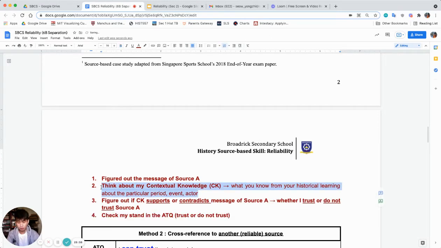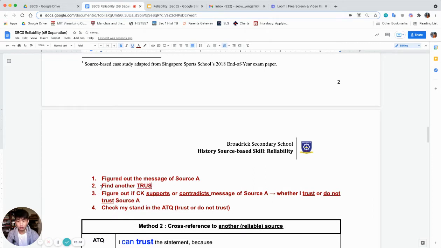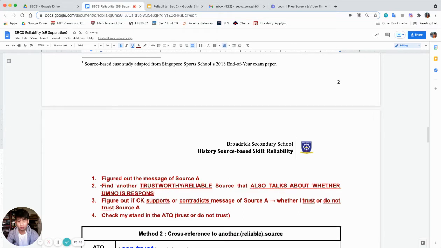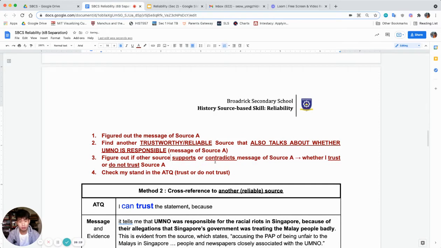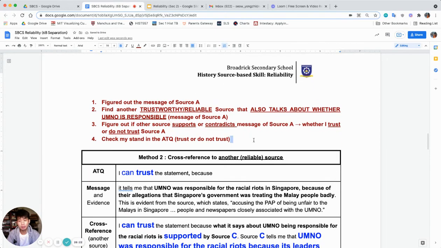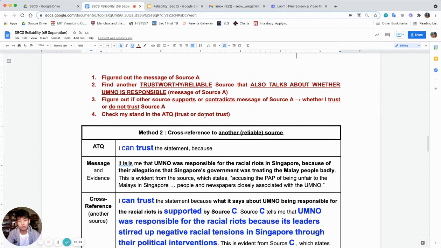This time we went to find another trustworthy, reliable source that also talks about whether UMNO is responsible, which is the message of source A. And now we need to figure out whether the other source supports or contradicts the message of source A. And therefore we do our stand. These are the steps for method 2, cross-reference to another reliable source. Pause and take your notes where necessary.